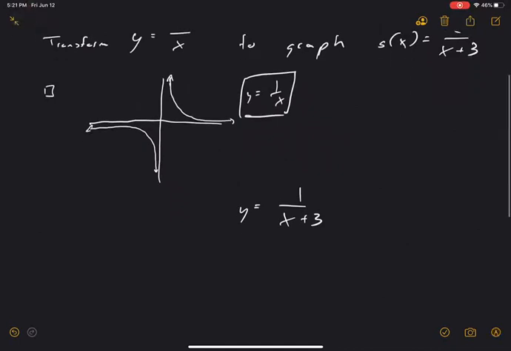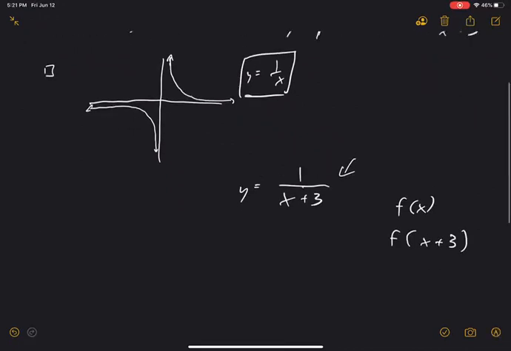Okay, so what does adding 3 do? Think of this as our f of x. Right now, instead of f of x, we have f of x plus 3. So what did we say happens when we write this? It should shift our graph to the left by 3. So instead of having this graph up here, we're going to shift it to the left by 3.